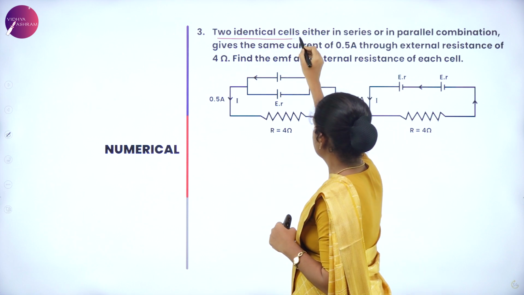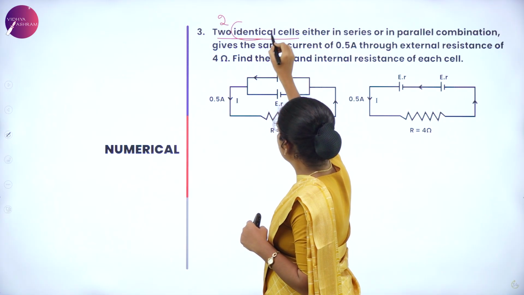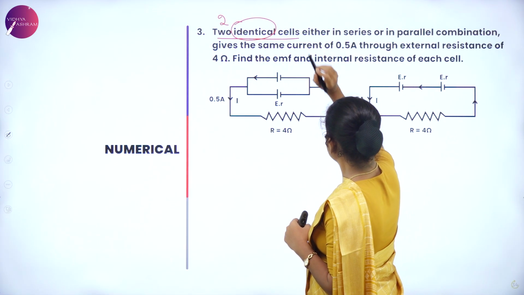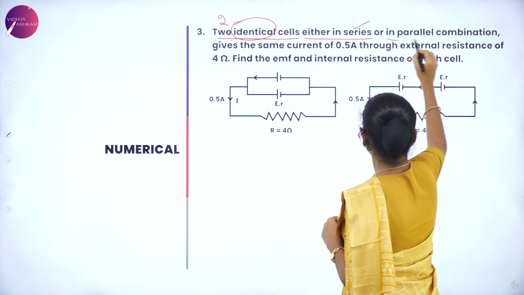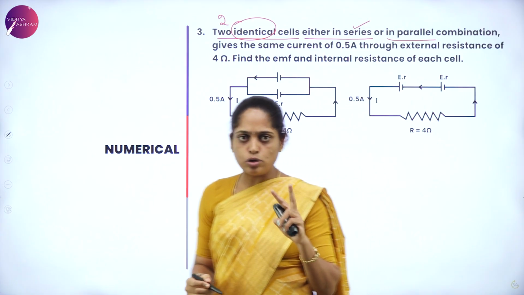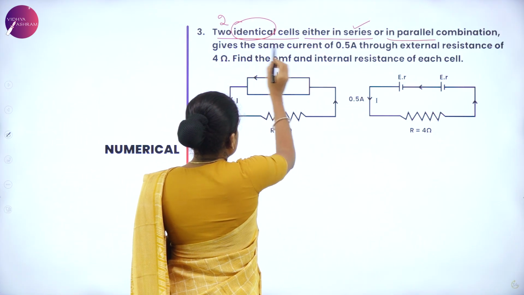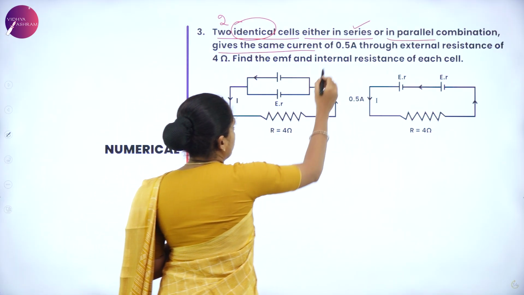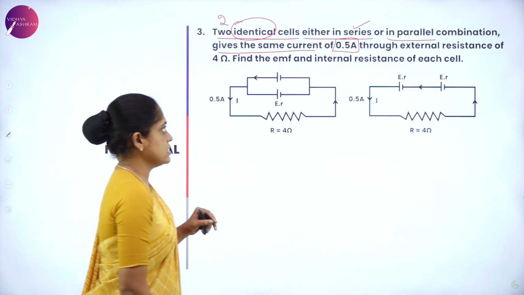Two identical cells. How many cells do we have? Two. They are identical. Very important word, identical. Identical cells either in series or in parallel. By considering series or parallel, they give the same current of 0.5 ampere through the external resistance.